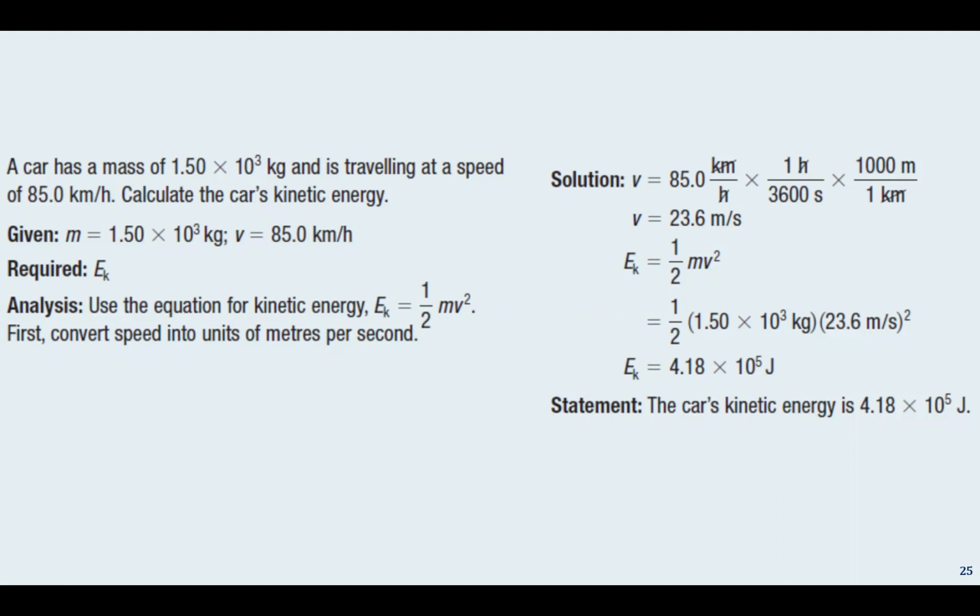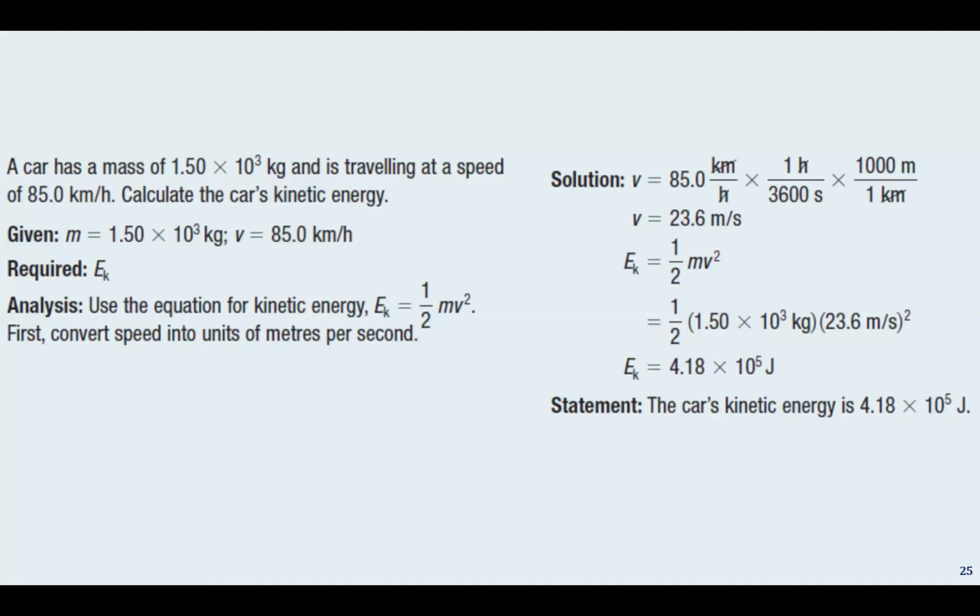We want to convert each quantity to SI units. So 85 kilometers per hour is 23.6 meters per second. Okay, so put all these values in. The kinetic energy of the car is approximately 4.18 times 10 to the power of 5 joules.